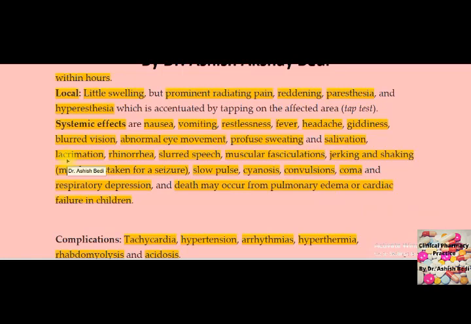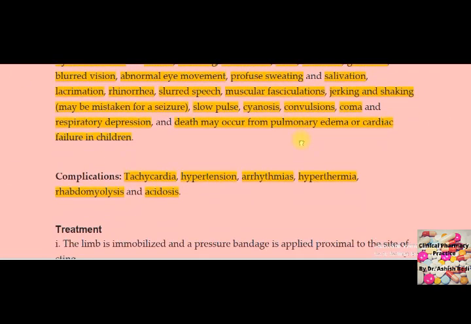S for salivation, L for lacrimation, U for urination and so on. D, G, E, you already know these things, SLUDGE. And in SLUDGE, if you add muscle fasciculations, which you already heard, and paralysis also. If you learn it this way, it is very easy to understand.